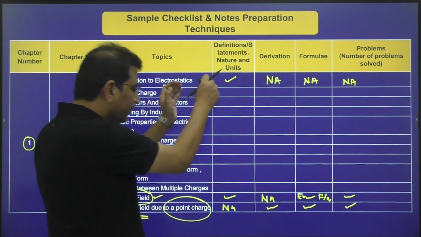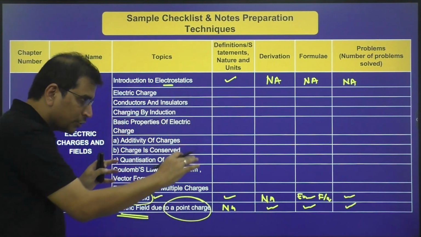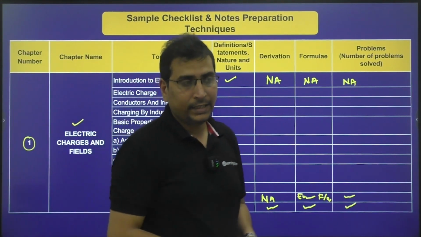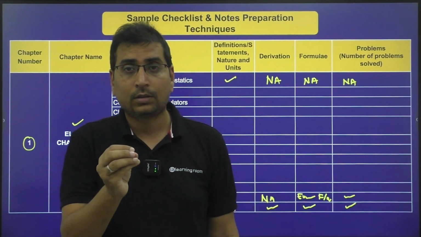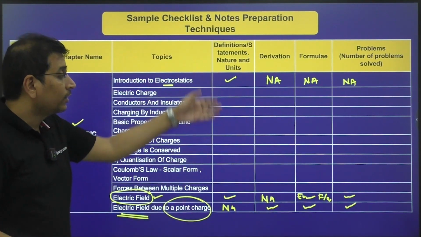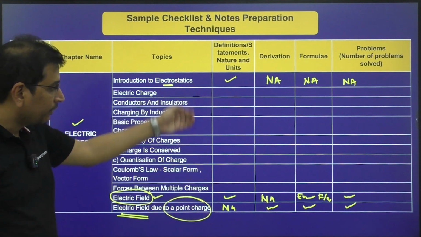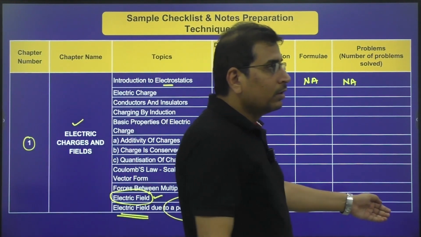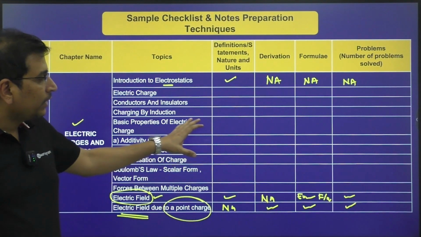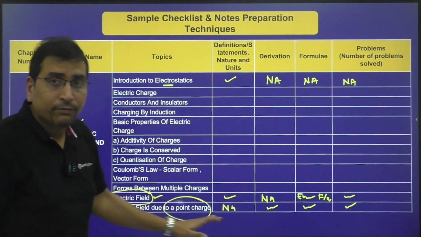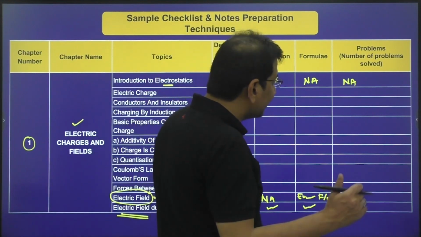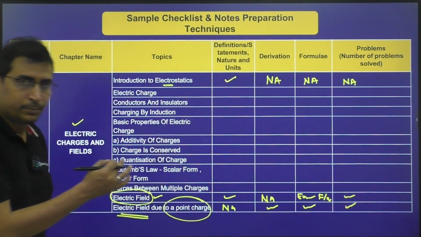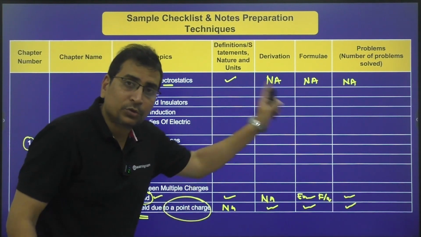Once you do everything, the sheet gets filled and gives you utmost clarity about your level of preparation. Once you're done with the chapter, you will know that you have completed everything needed for it. So I suggest you follow this checklist pattern along with the notes preparation technique.